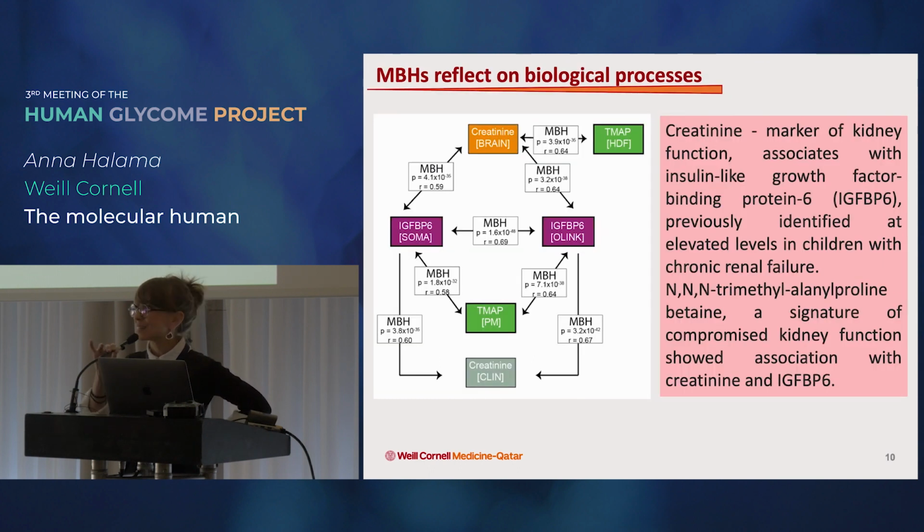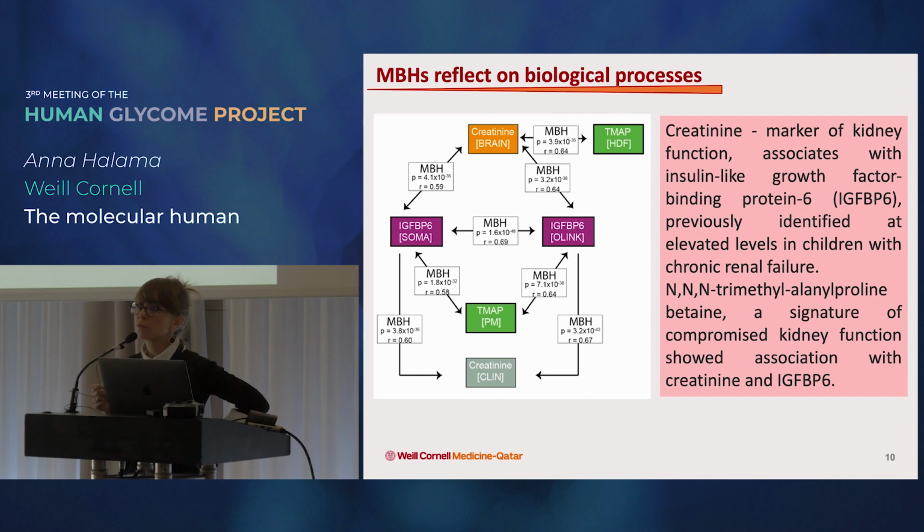So now something for Peggy. I think the mutual best hits were also shedding light on kidney function. What you can see here are biological associations driven by those mutual best hits. You are seeing the association between creatinine and insulin-like growth factor binding protein 6.